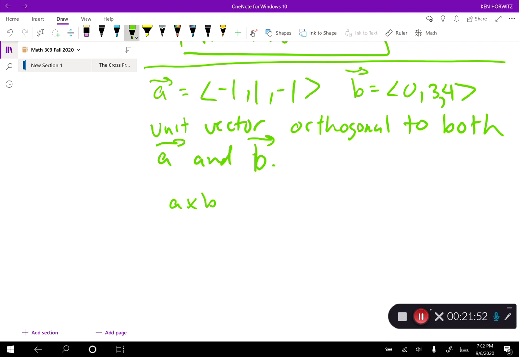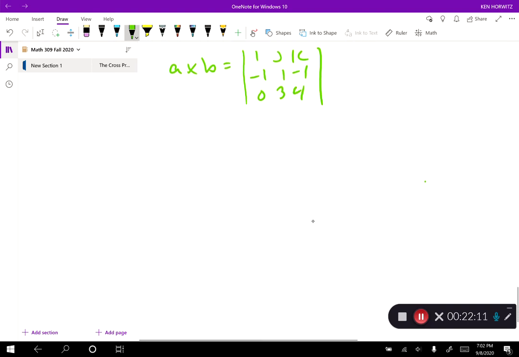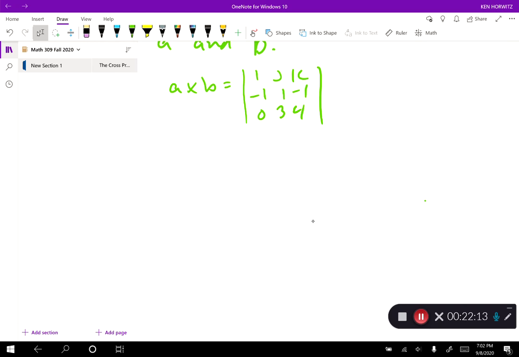All right, so with A cross B, we want to start with our 3x3 determinant. I've got i, j, k, -1, 1, -1. There's vector A. 0, 3, 4. There's vector B. All right, now we're going to break this down into our smaller determinants. So I cover up the i column, and I get 1, -1, 3, 4, i, and that's positive.